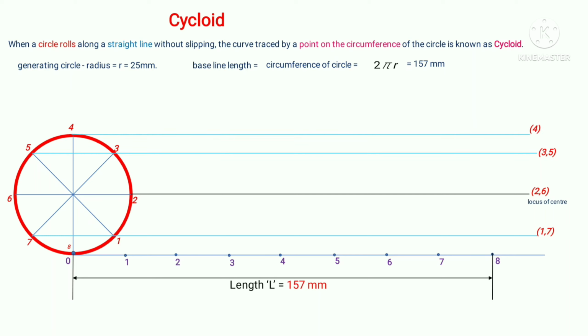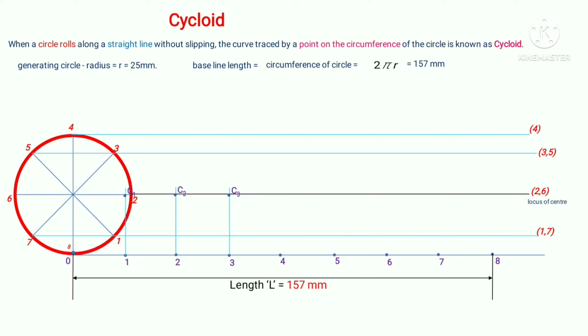So once the locus lines are done, next we draw the center points. Now the base points in violet color are present. So from the base point 1, we draw a vertical line cutting the black line, the locus of center, and we get a center point C1. Similarly, from the base point 2, a vertical line is drawn and it cuts the center line at the point C2, and from the base point 3 we get the corresponding point C3.